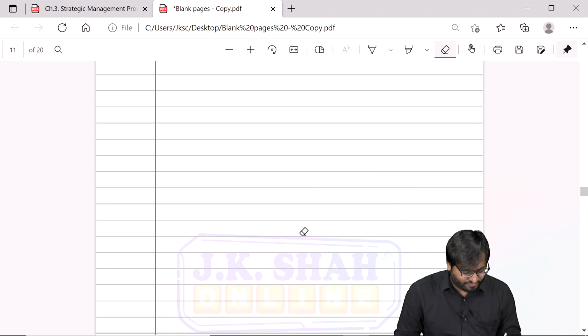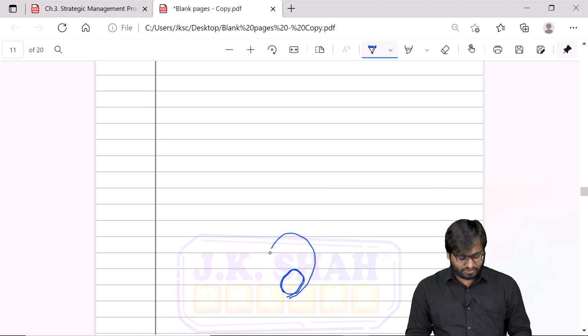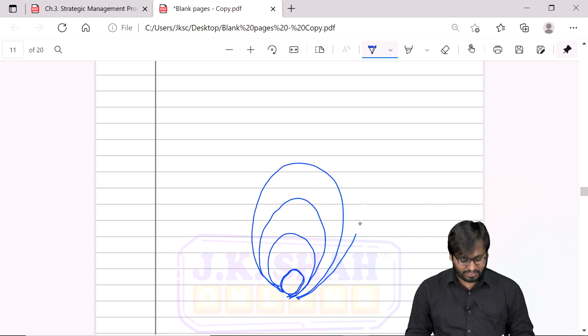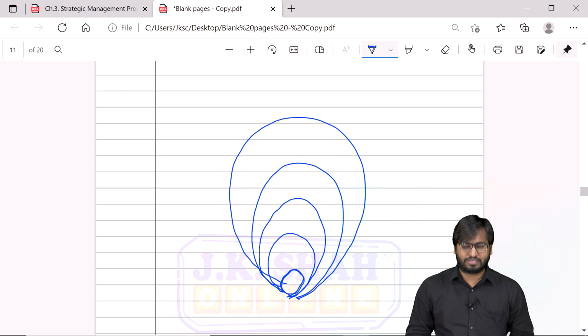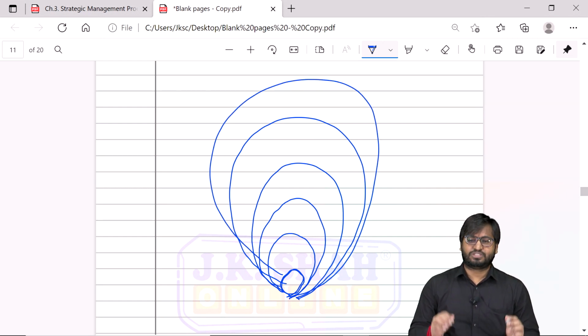So if I can draw for you, strategic intent acts as a philosophical base. Just above this we have vision, then we'll have mission, we'll have business definition, business model, goals and objectives. So this is the diagram.